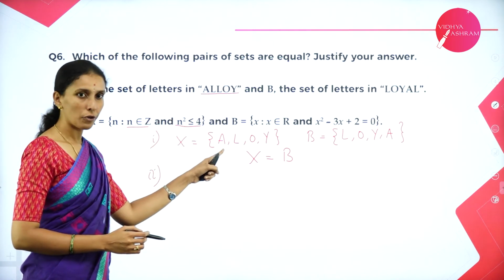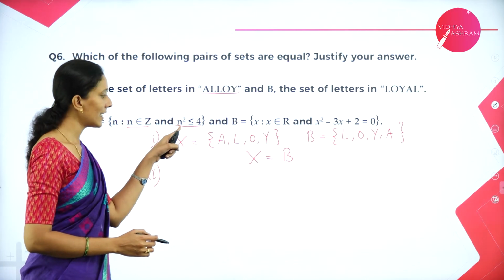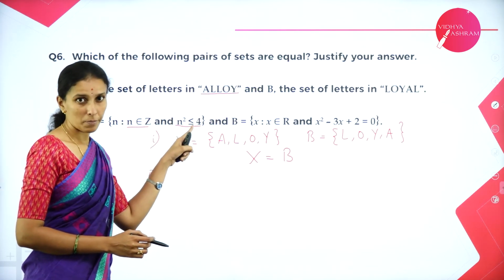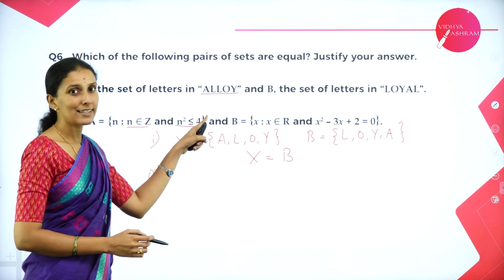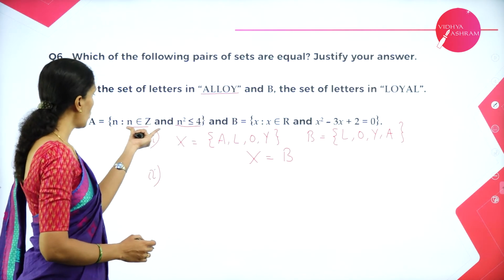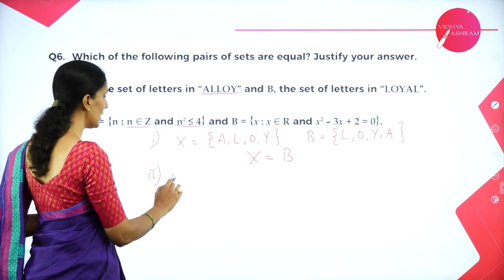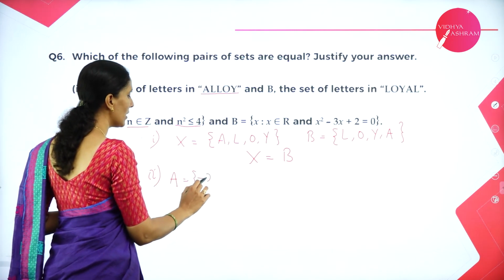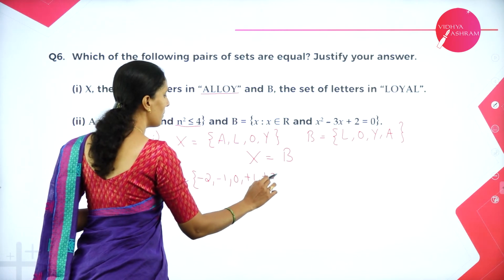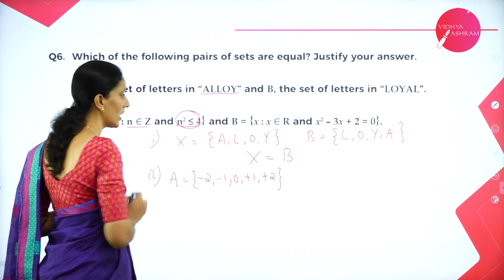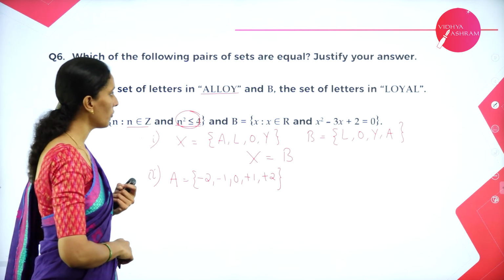So 4 is equal to 4. And if you take minus 3, 9 less than or equal to 4 is not possible. Similarly, if you take plus 3, 3 square is 9, less than 4 is not possible. So the only set you can write here is minus 2 to plus 2, because these elements are satisfying the given condition n square less than or equal to 4.